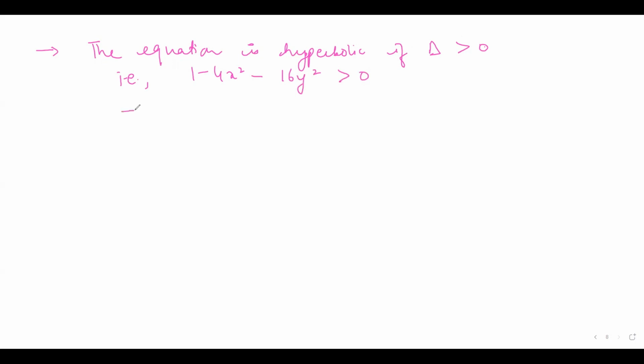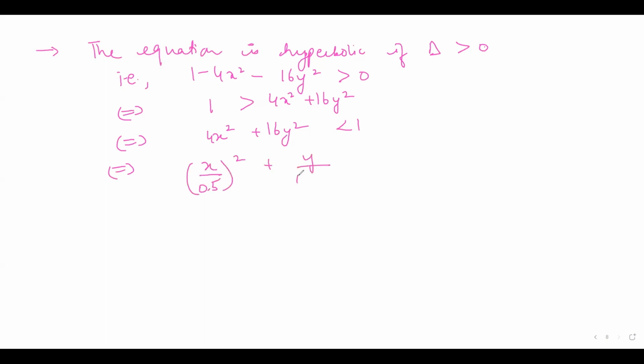So you will notice that you are getting this, right? So when you solve this, ultimately you are getting this less than 1, right? So this is x upon 0.5 whole square plus y upon 0.25 whole square.